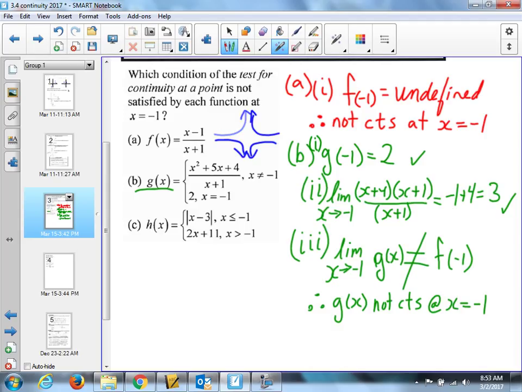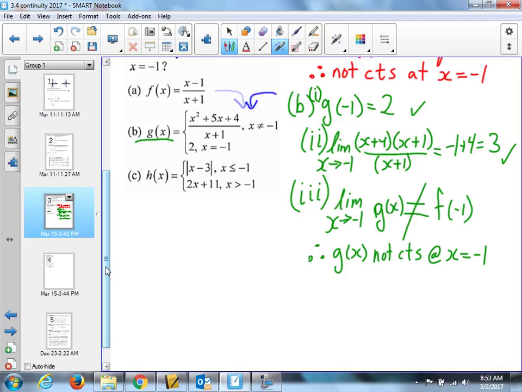What would g have looked like at -1? Well, you would have had some portion of a quadratic, right? So basically, I'll just draw a quick sketch here.